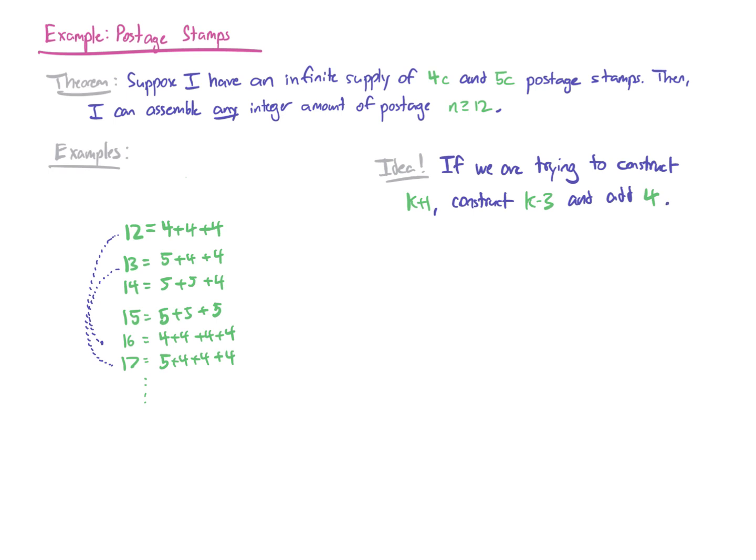That's our idea here. If I want to make k plus 1, I'll instead construct k minus 3 and then add 4 to it. So here, for example, if I want to construct 17, that's my k plus 1. K minus 3, in this case, would be 13, and then I'll add 4 and get the 17 that I'm targeting.